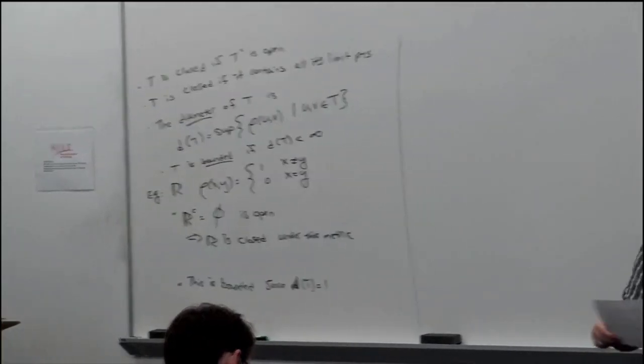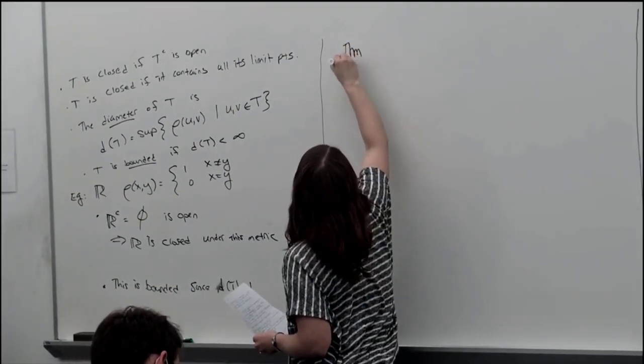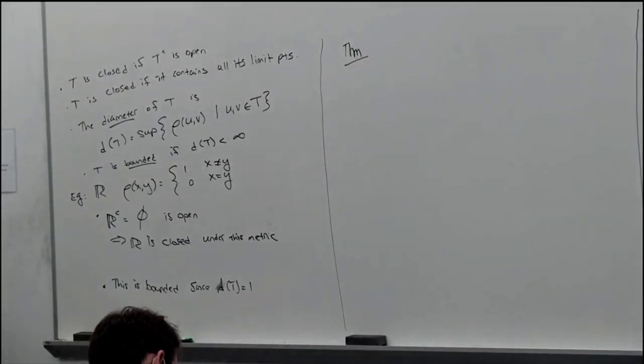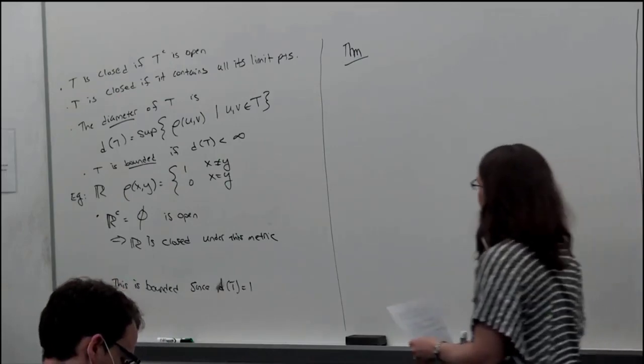Okay, so let us now state the main theorem that we care about here. It has to do with extracting convergent subsequences, because as applied mathematicians, that's what we always care about. We build sequences through some kind of iterative process, and we'd like to know, does it converge?